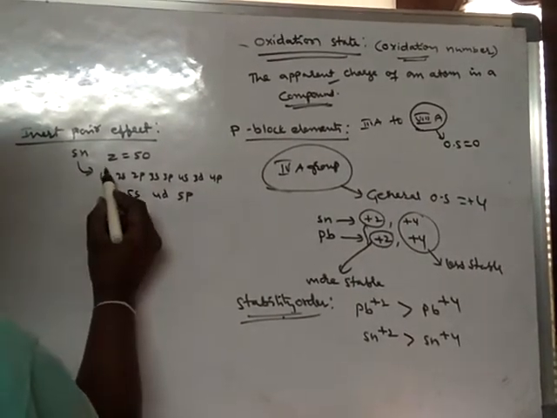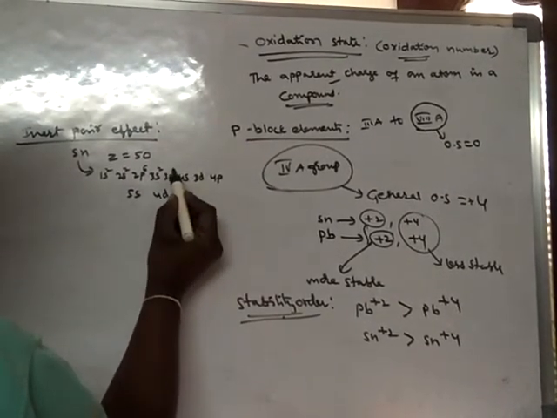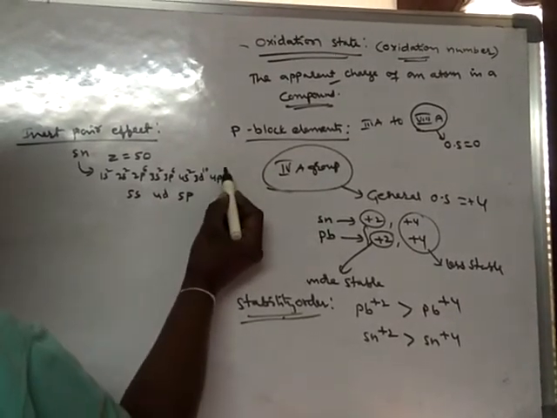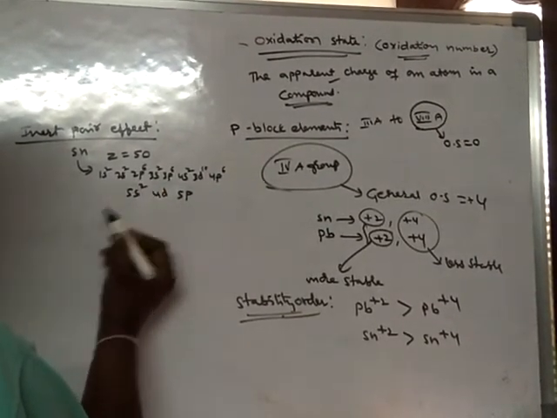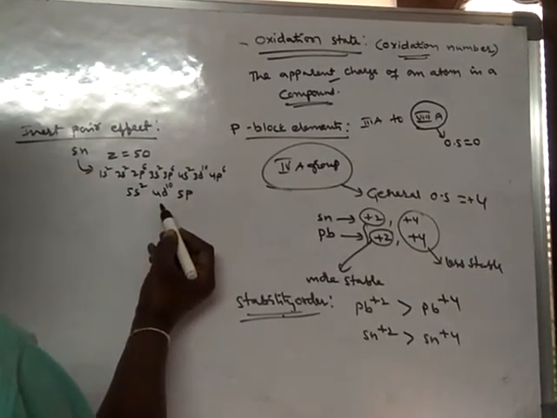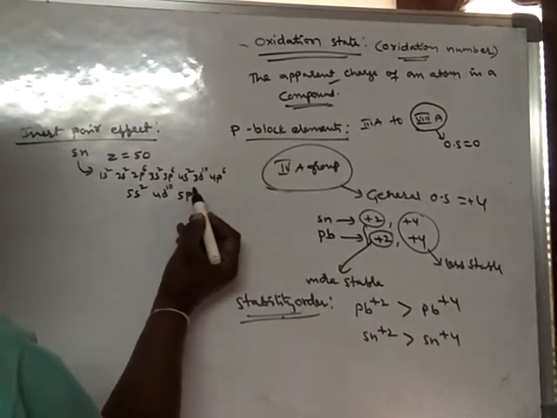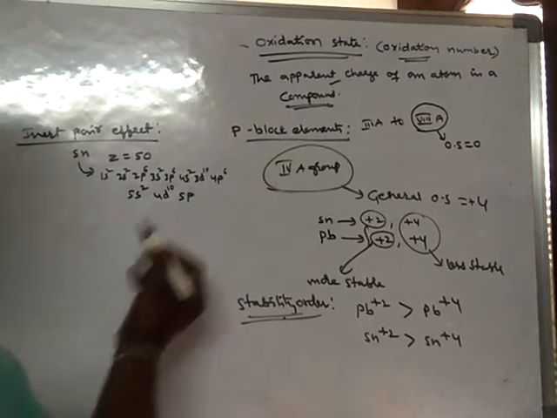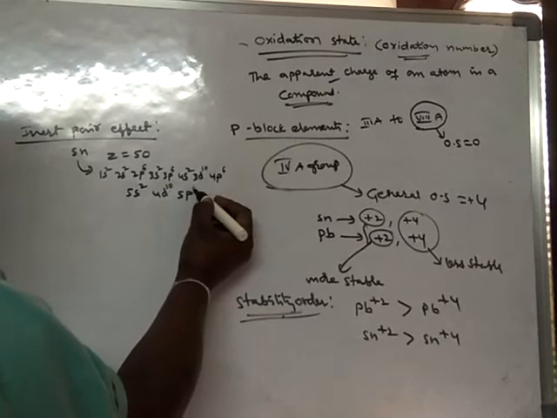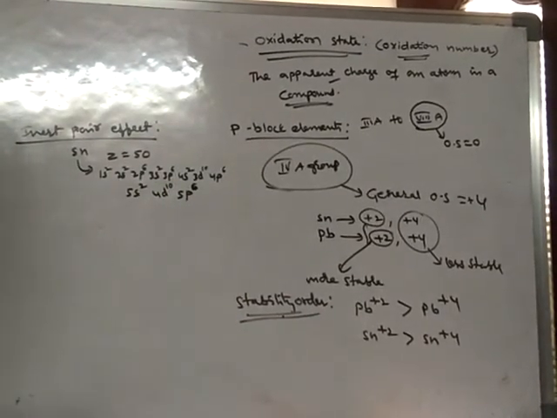Let us see how many electrons there are: 6, 10, 18, 20, 30, 36, 38, 40, 46.